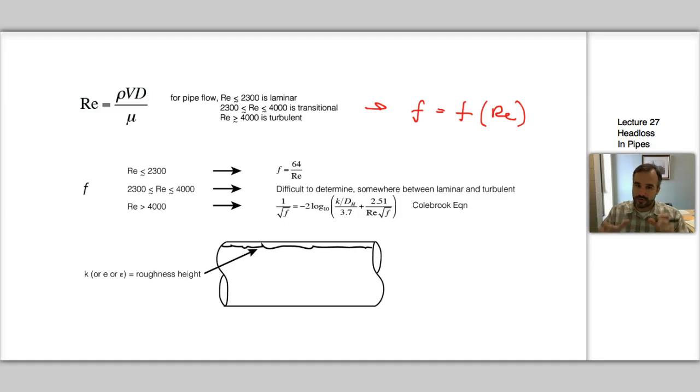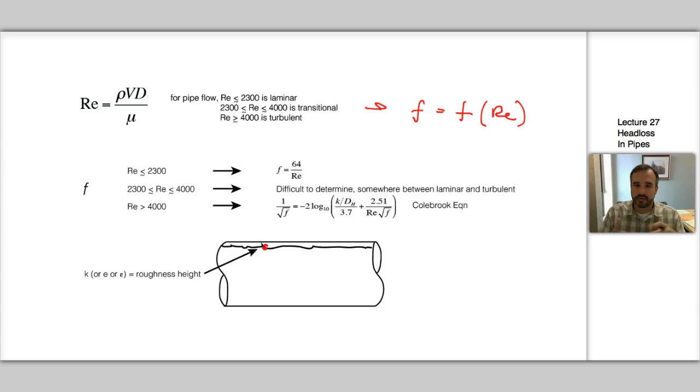Okay, so now we've introduced another thing that we haven't seen before, and that is k. And what k is, you'll either see it written as k or e or epsilon, and it's the roughness height. So it is the height of these roughness elements of the wall, and is dependent really on, one, the condition of the pipe.